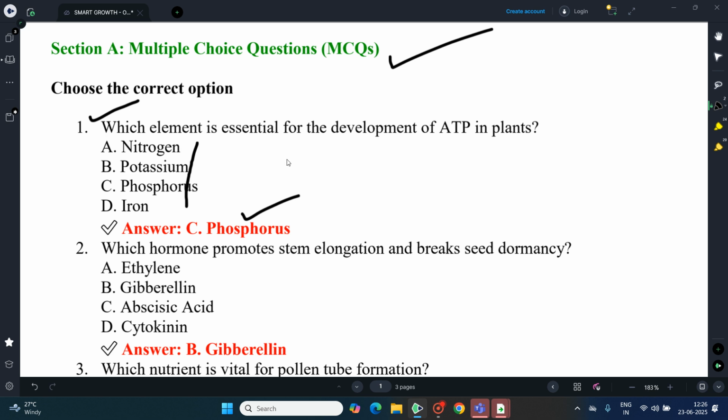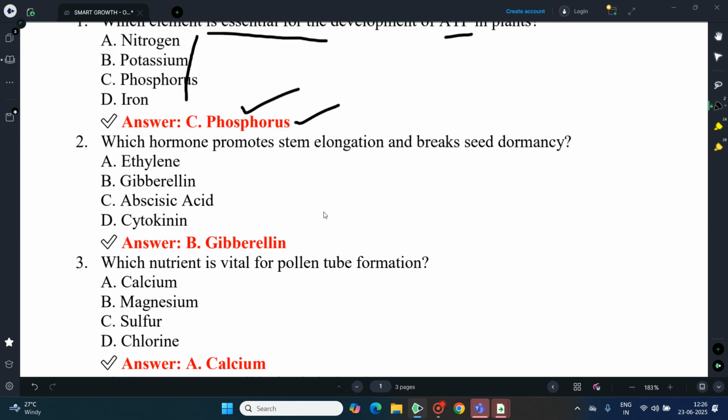The first question is, which element is essential for the development of ATP in plants? ATP means adenosine triphosphate, and the nutrient is phosphorus. This is the correct answer.